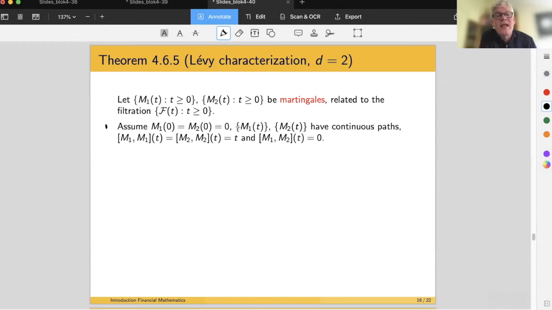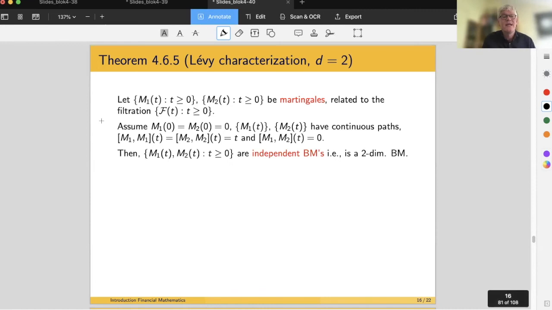We assume that M1(t) and M2(t) have continuous paths, and the quadratic variation of M1 is equal to the quadratic variation of M2 is equal to t, and the cross variation of M1 and M2 is equal to 0. That is the assumption, and if we have this, then the vector (M1(t), M2(t)), t greater equal to 0, is, so these M1(t) and M2(t) are independent Brownian motions. In other words, it's a two-dimensional Brownian motion.